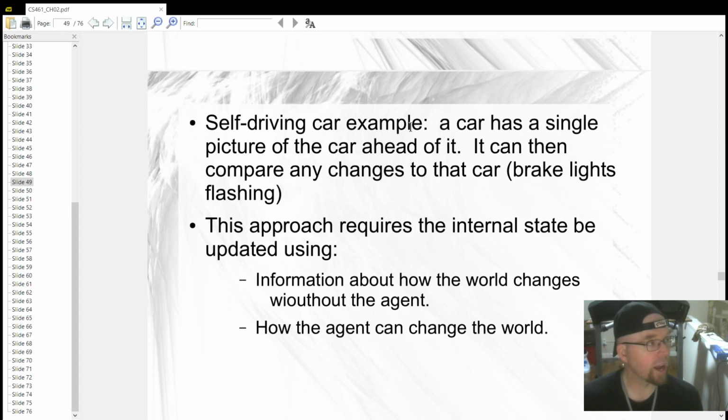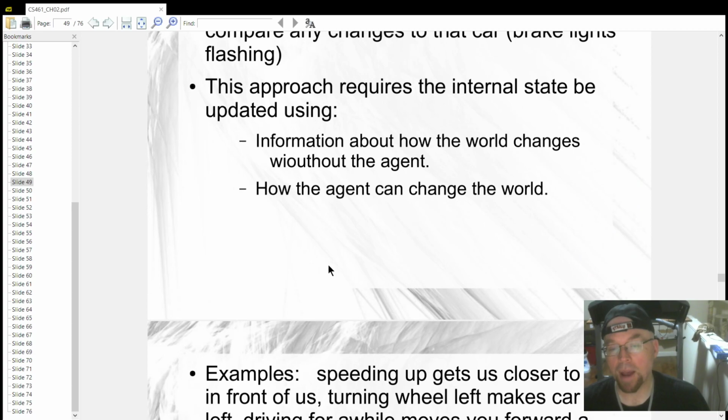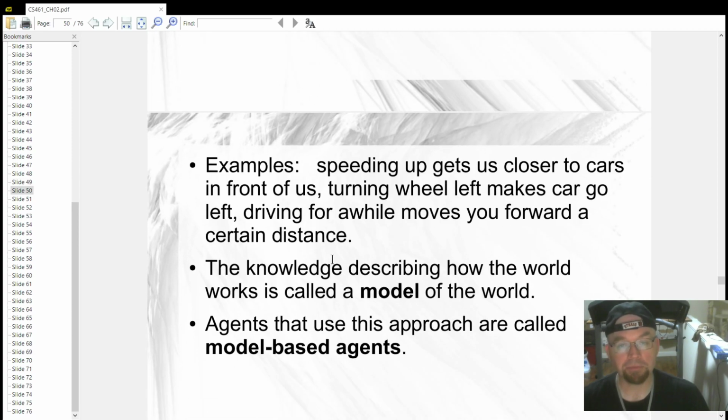But it also has to have information about how the agent can impact the world. So you have to have a situation where you can update that internal state. Information about how the world changes, regardless of what the agent does, but also how the agent can impact the world, how it can change that environment.